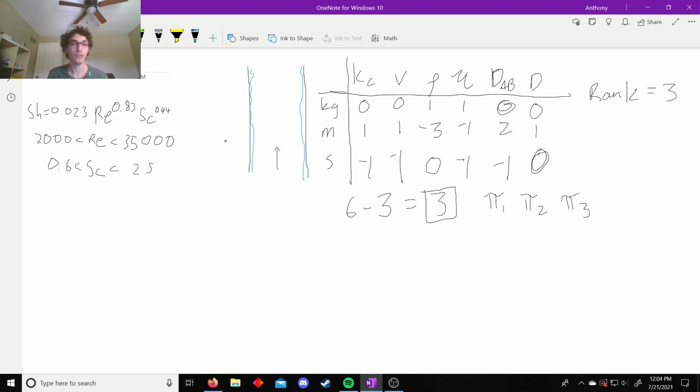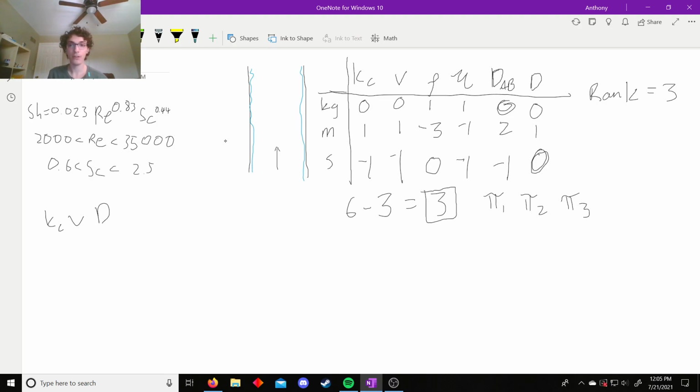So for example, if we were to pick 3 variables, maybe our mass transfer coefficient, velocity, and our characteristic length as our core group. This is three variables, which is the number of our rank, so that's okay.